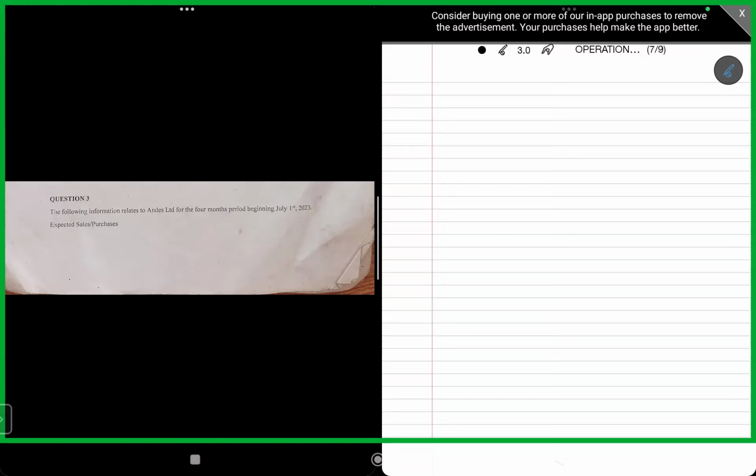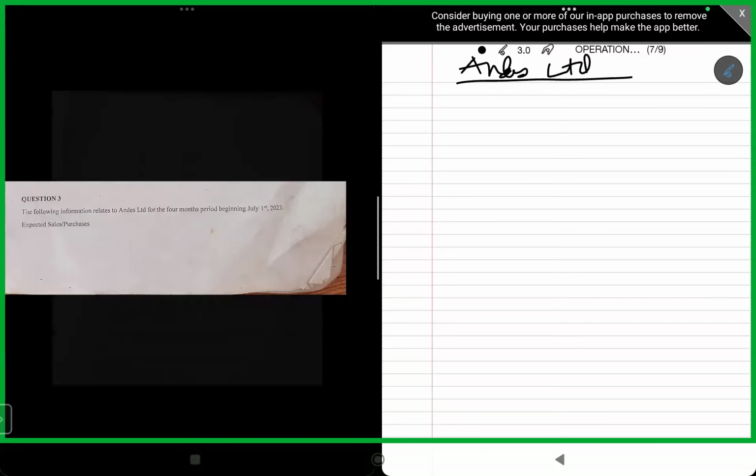The name of the entity is what? Andes. Then you go and write the requirement.